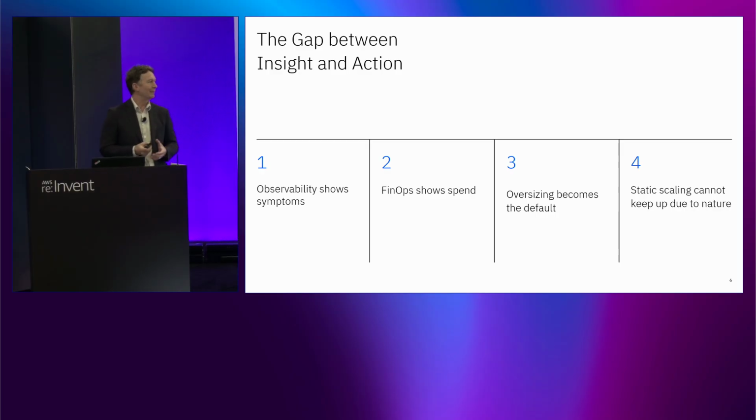And then, back to static scaling, this is in place, but because of the nature of these apps, they're so dynamic, as I mentioned, in terms of the way they do their work, they can't keep up with the demand. And so, making sure that you really look at the problem from a resource perspective and have dynamic resources for the platforms that support it to meet that ever-changing demand is critically important.